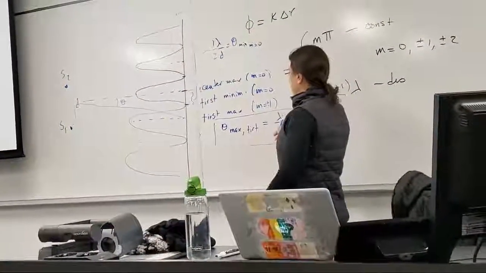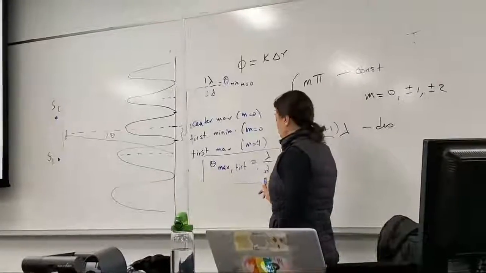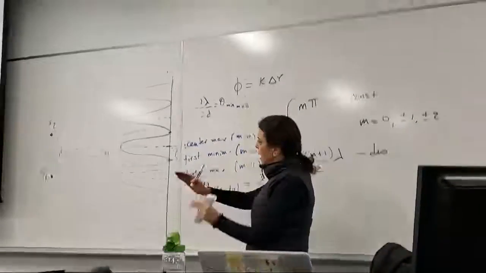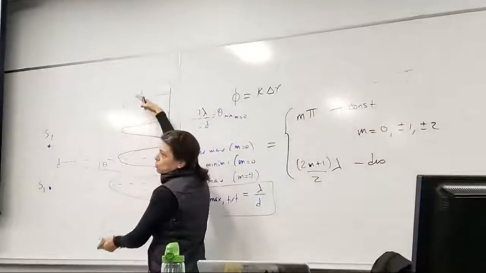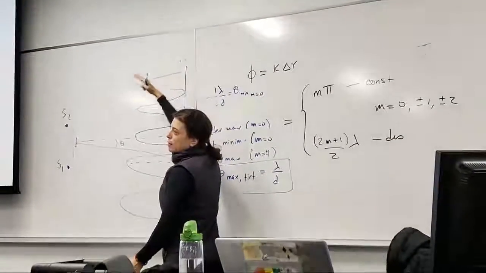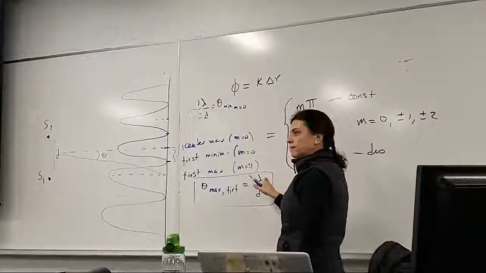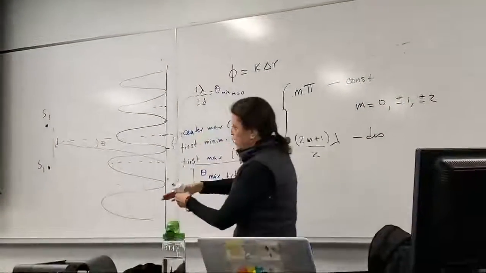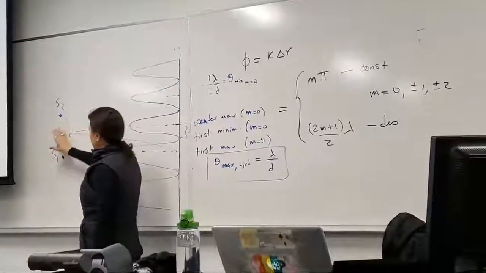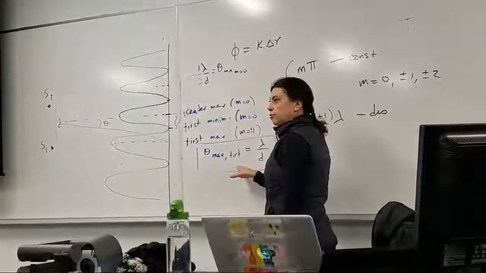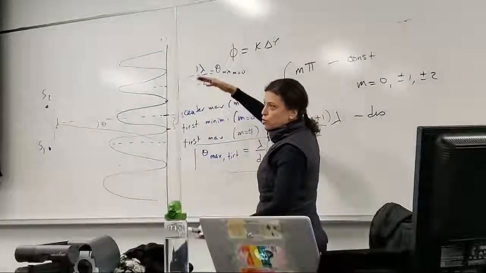So either the wavelength becomes larger or the distance becomes smaller, and the maxima will start to spread out, right? In particular, I want to talk about the wavelength. If I change the wavelength, given that the separation is fixed, and I make the wavelength larger, the maxima will start to spread out.